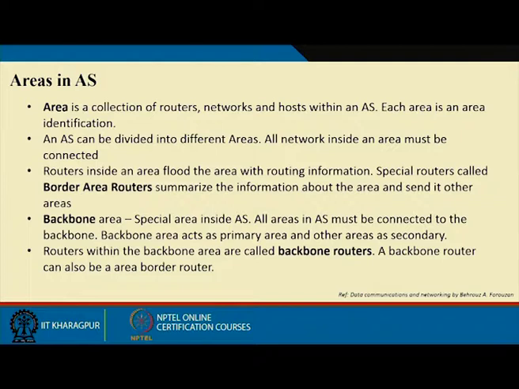Connecting to the backbone does not mean that the routers in an area cannot connect to the routers in another area. It also does not mean that a router in a particular autonomous system cannot connect to a router in another autonomous system. It is more of an information summarization which comes into play. If I want to get information and find a routing path for inter-domain routing, whom should I consult?